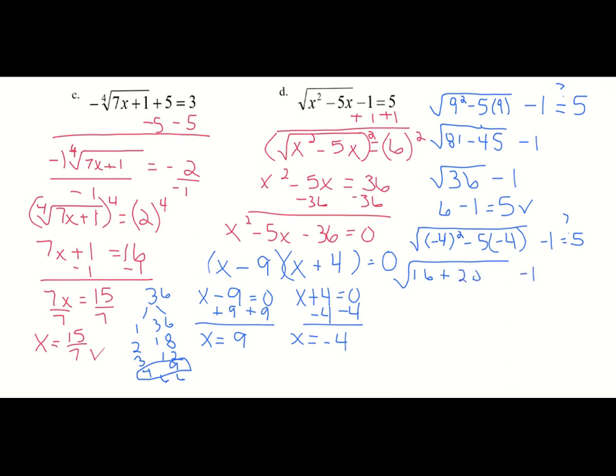So 16 plus 20 is going to give me the square root of 36, which is 6. 6 minus 1 does equal that 5. So -4 works as well. So both answers are true solutions to the equation.